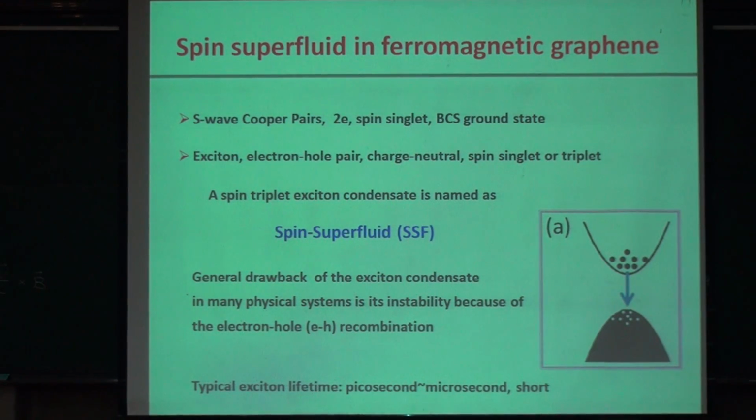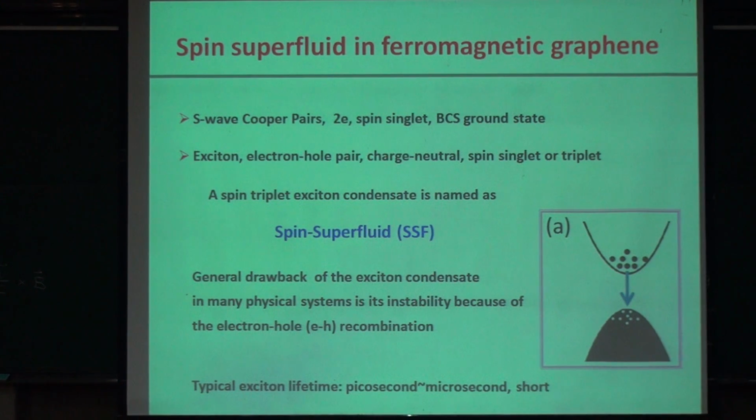Up to now, I have tried to introduce the concept of the spin current, and to convince you it's a measurable physical quantity. You can use spin effects to measure this spin current. Now, if you have this physical quantity called spin current, you can ask whether you can make a superfluid out of it. Basically, if you have spin transport, can you make a spin superconductor or spin superfluid?